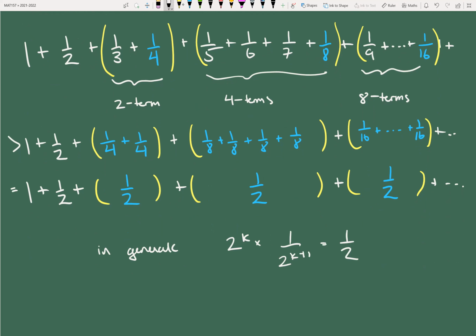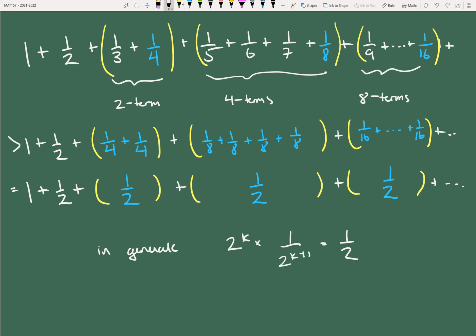So now what I have is that the harmonic series is going to be greater than 1 plus 1/2 plus 1/2 plus 1/2 plus 1/2. And it should be easy to convince yourself that thing does go off to infinity. So what you've done is you've grouped the terms of the harmonic series in a very clever way to guarantee that all of those things just look like halves.